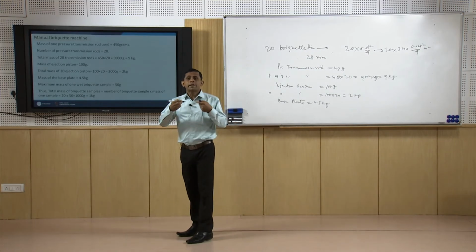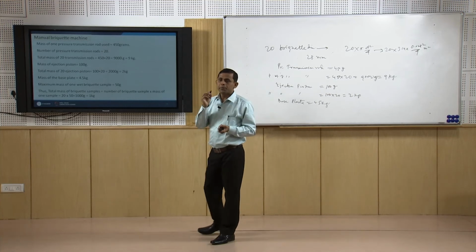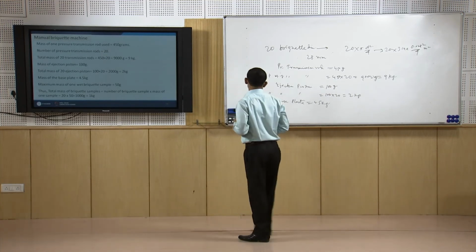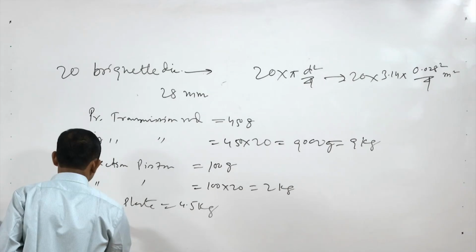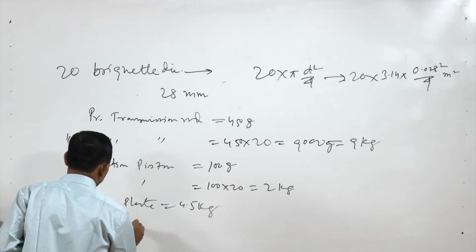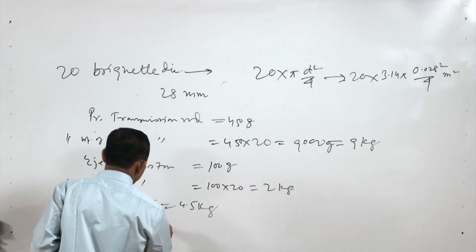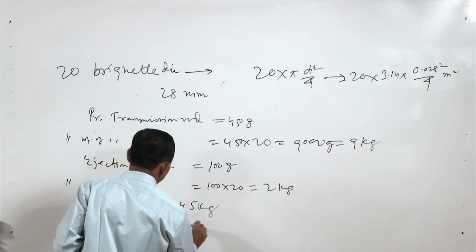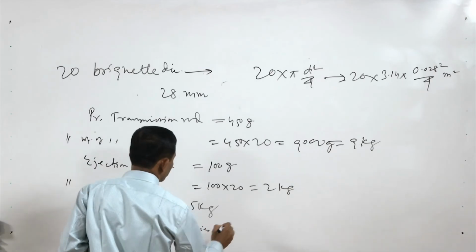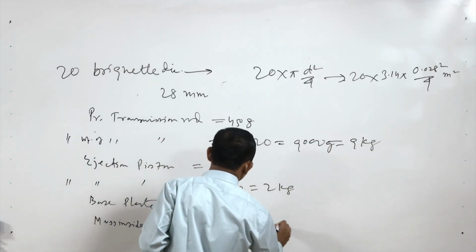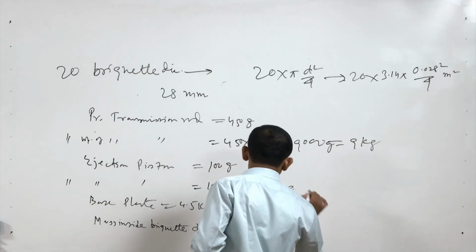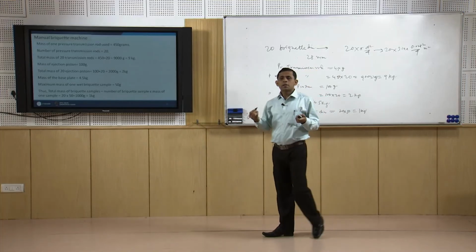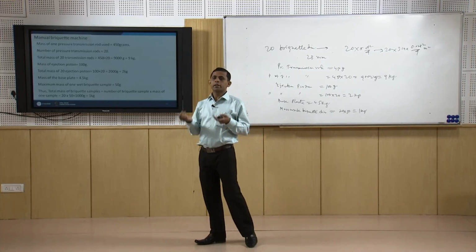Now, in each briquette die 50 gram material we can put. So mass inside briquette dies is equal to 20 into 50, that is equal to 1 kg. So how much weight does the hydraulic jack need to lift now?